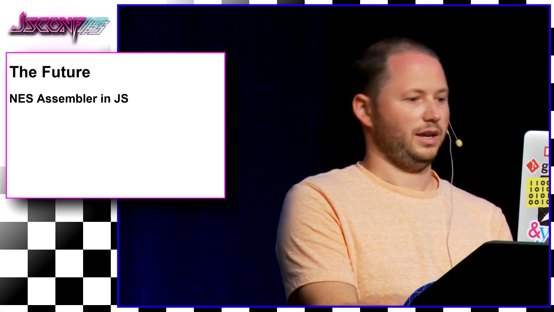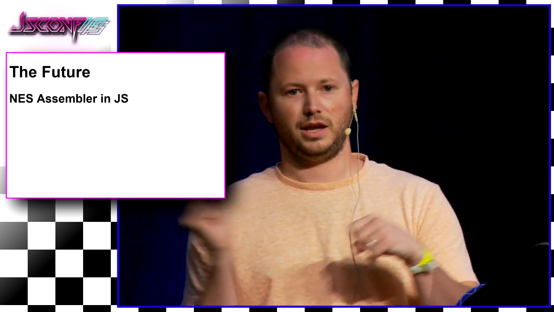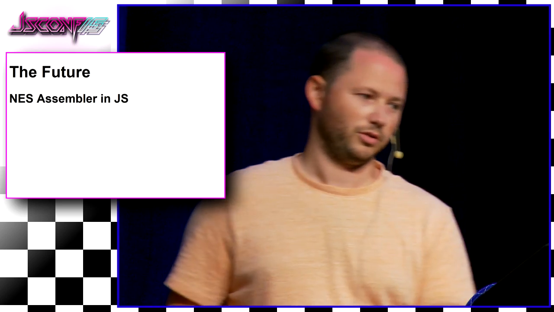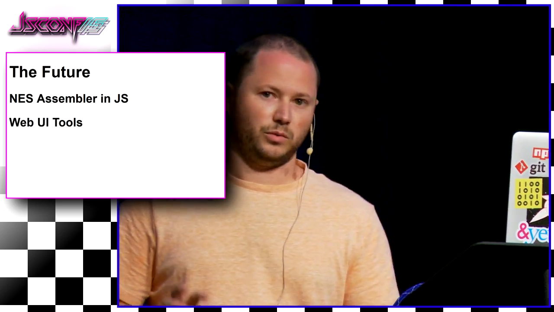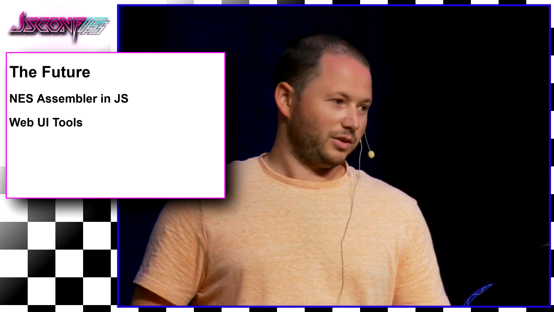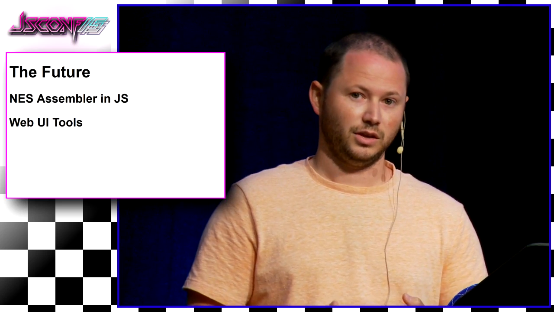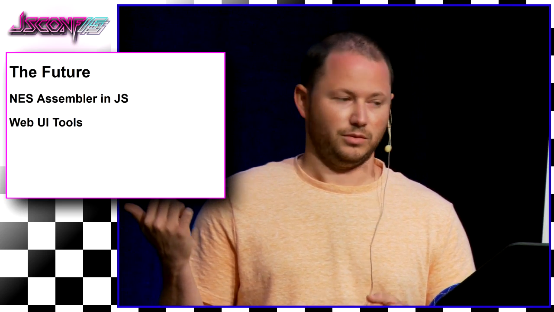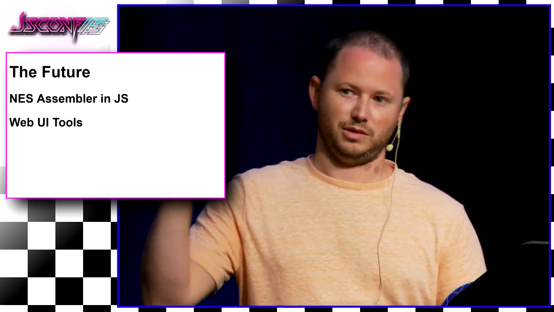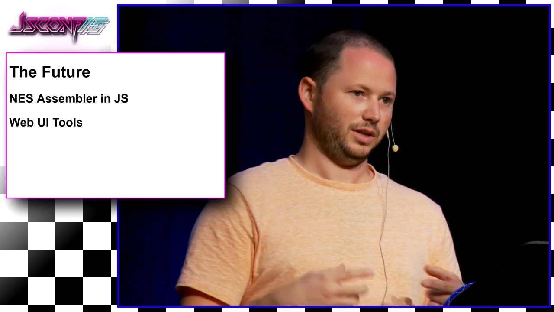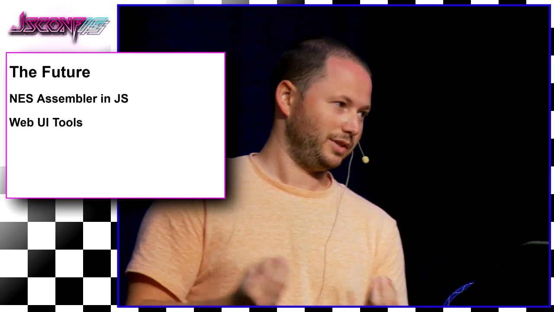So I think we can get a NES assembler in JS, one module where you just say, here's some assembler, give me a Nintendo program, and that will be awesome. And with this API, we can build web UI tools: since you have an assembler in JS and the stuff that I wrote in JS, you can say, here's the sequence of sounds, click a button, it builds it, outputs your assembler, assembles it, and gives you an actual Nintendo program.